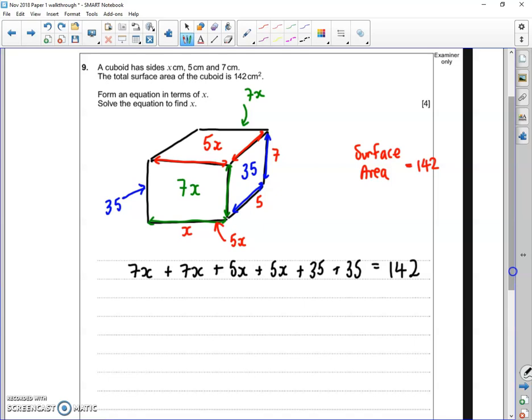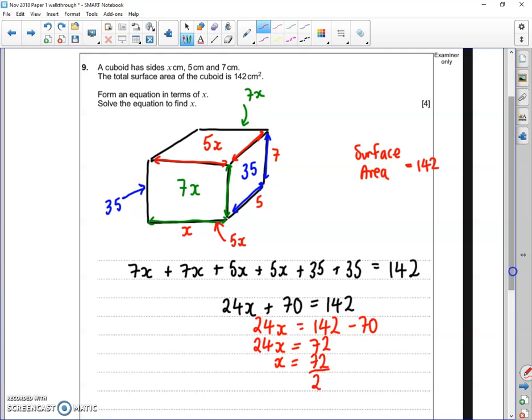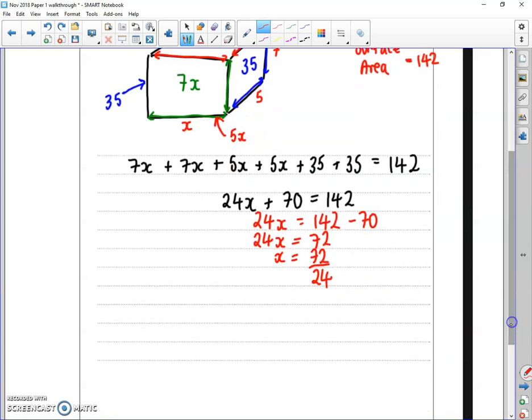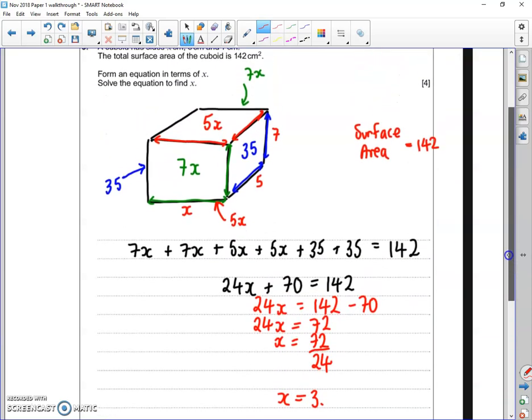So we've got 24x plus 70 is equal to 142. If we take the 70 over and take it away, that gives us that 24x is 142 minus 70, which is 72. 24x equals 72, and then if we divide 72 divided by 24, x equals 3. 3 24s make 72.